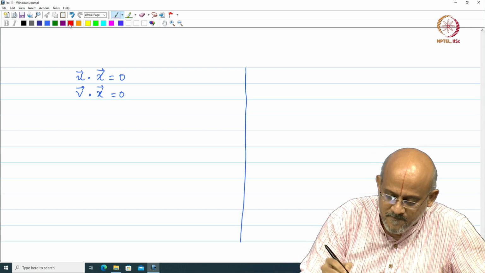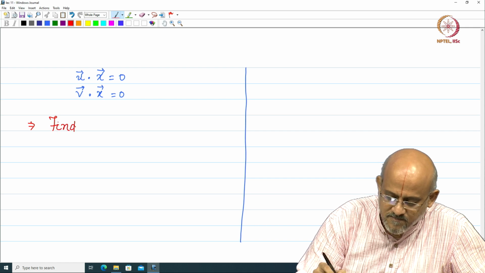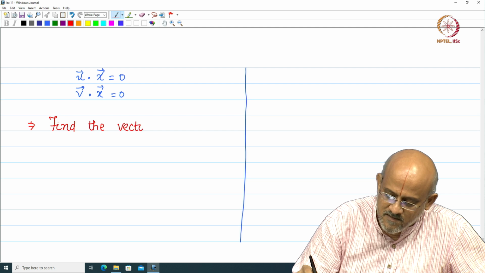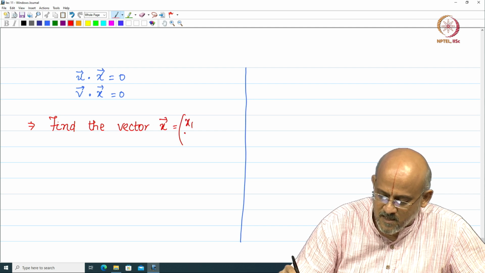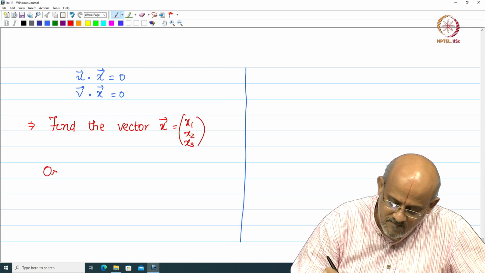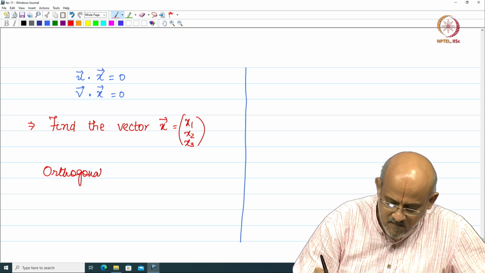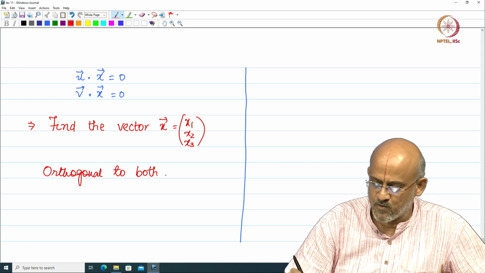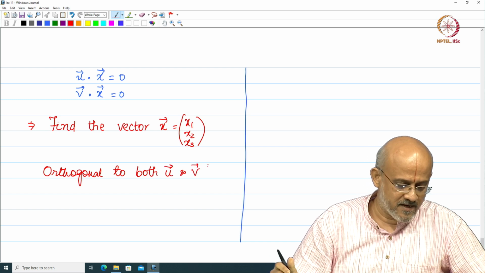So, this implies find that vector x, given by x1, x2, x3, orthogonal to both u and v. Now, how do we find this?